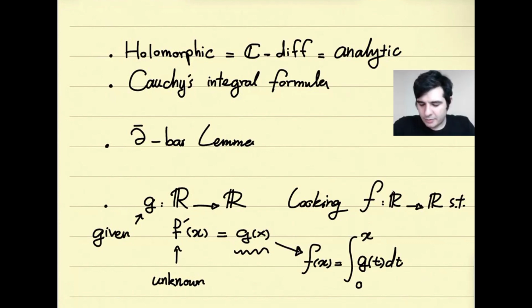I'm sure you remember from calculus, there's always a constant plus c. If I take the derivative of f, I get g. This is pretty straightforward, and it's important that we have a constant c here. So this equation has a solution, and the solution is unique up to addition of a constant.